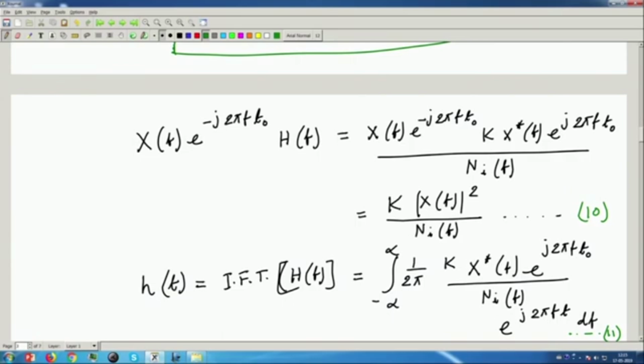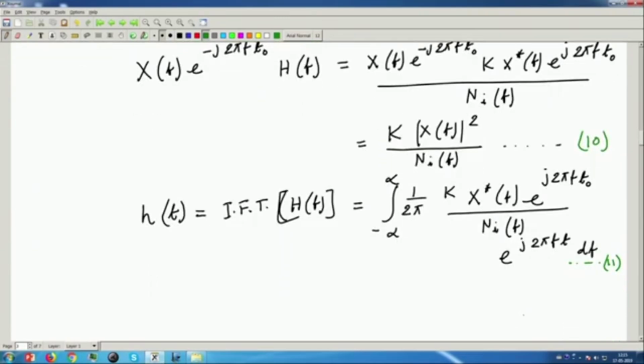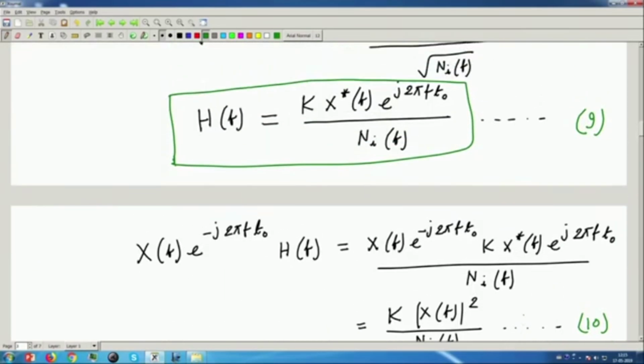Now, this is for completeness sake we have done that, but generally we work in the Fourier domain. So, equation 9 is more important than this. Let us look at 9 again, various instances we will have to refer back to this equation 9.